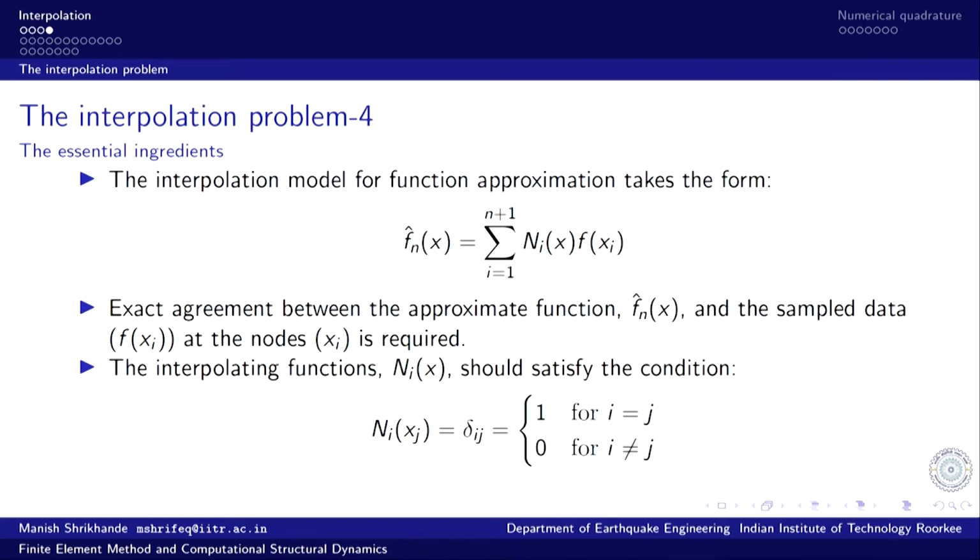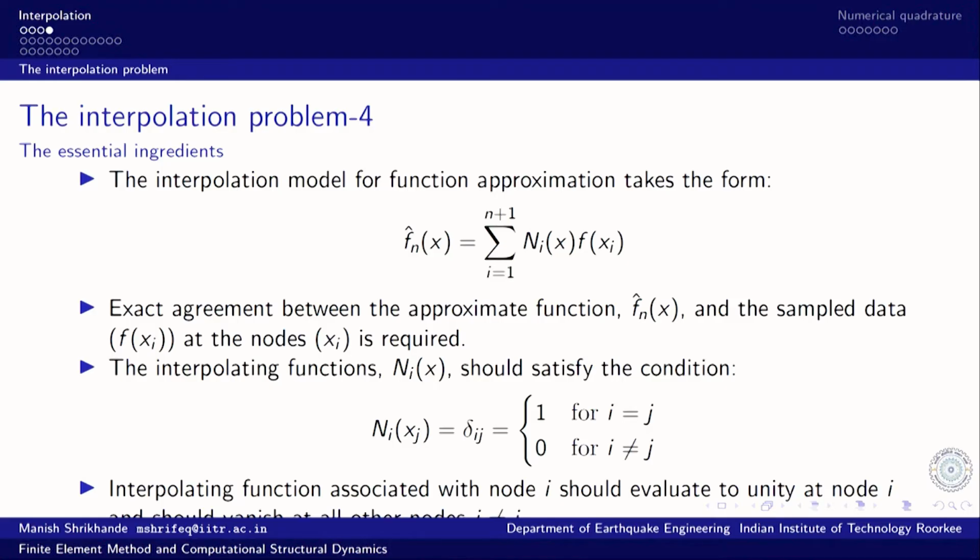That is the example, and that is the basis. If we satisfy this condition, then by use of the interpolation model in that summation form, the basic requirement that the approximate function and the sample data values at nodes x i should exactly match will be easily satisfied.